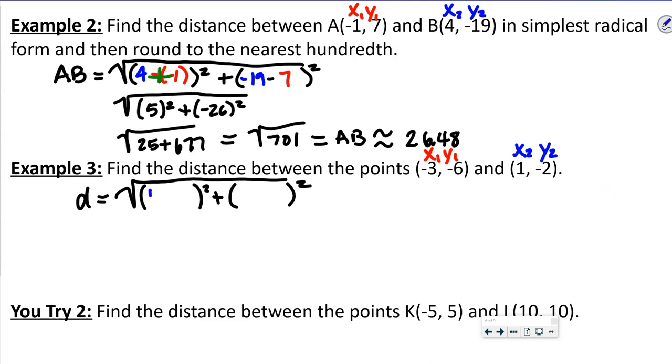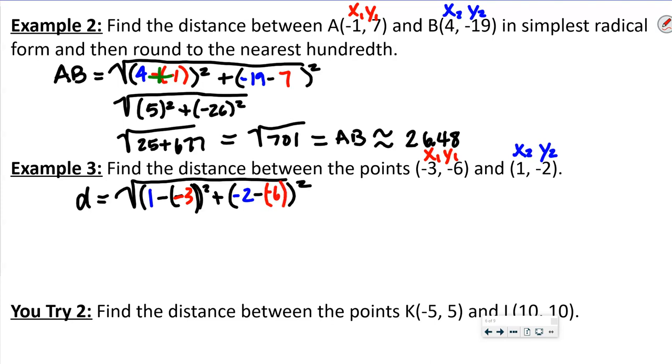So we're going to do 1 minus a -3. Oops, let's do this one in red. And that's going to be another parenthesis there, right? And then we've got -2 minus a -6, okay?